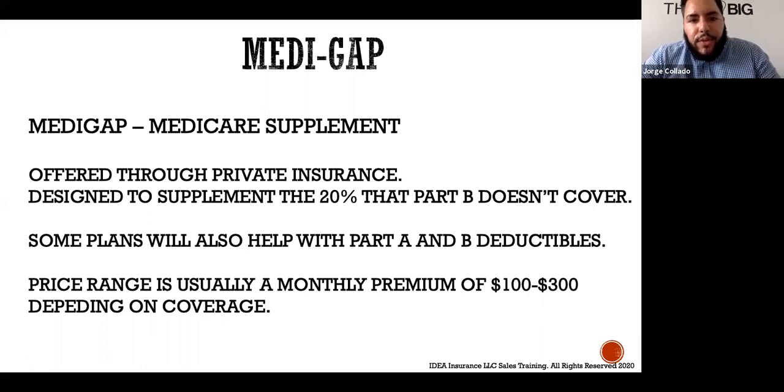It's offered through private insurance also, like most of the big carriers have Medigap policies. Some plans will also help with Part A and B deductibles. Now, the price range is usually very high on this plan. So Medicare Advantage plans are zero cost. Medicare supplement plans, they will have to pay an extra premium between $100 to $300 depending on coverage.